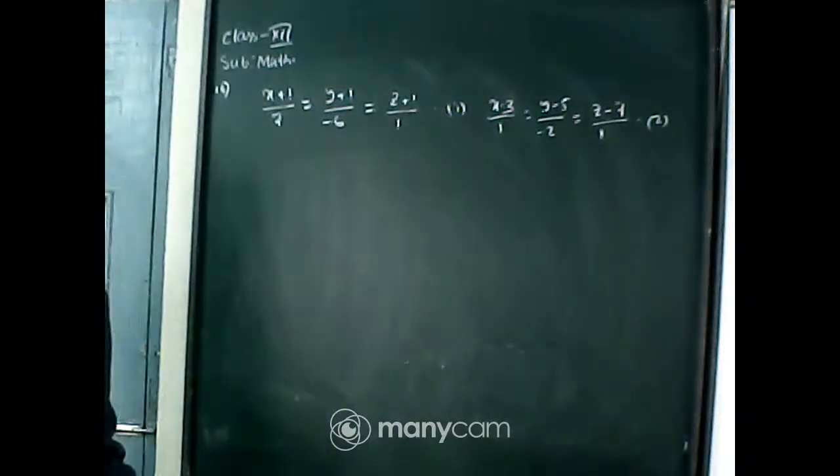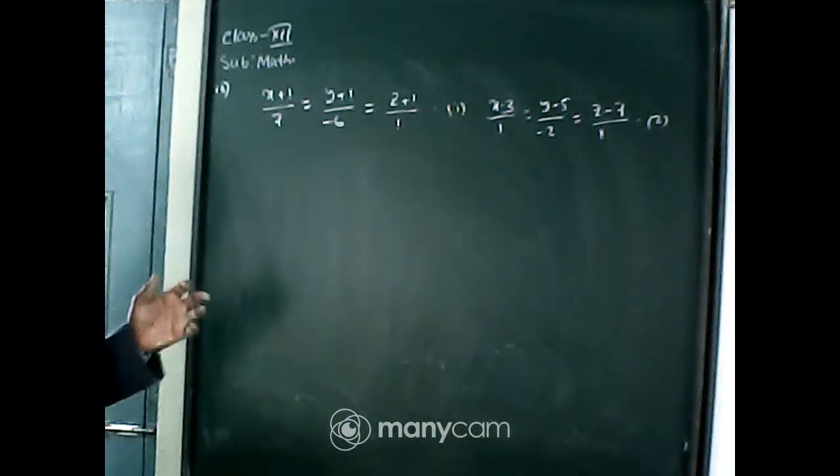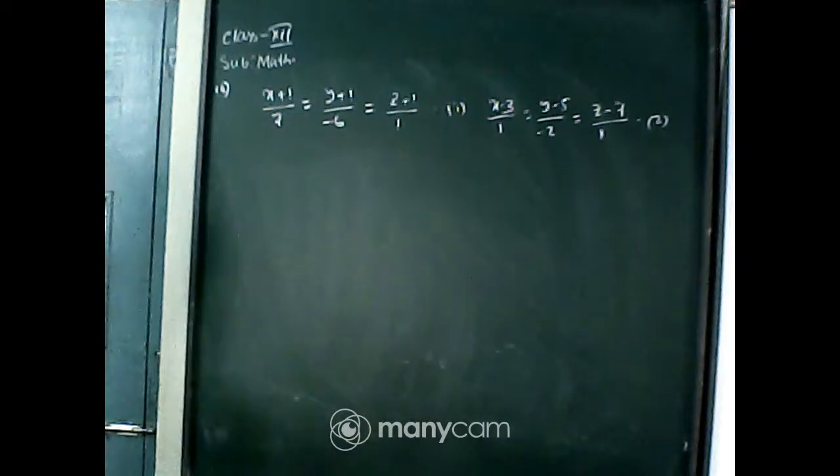Now, we know the formula for finding the shortest distance between two lines given in Cartesian form.